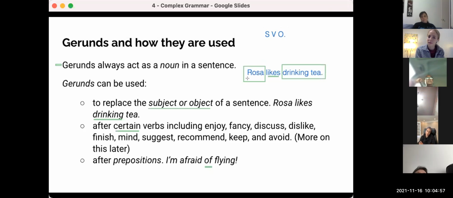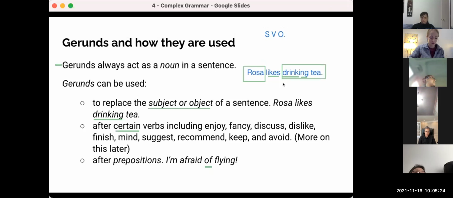Drinking is the gerund because it's formed from the verb to drink with ing. What else can be used here? At the place of the gerund, can we use any noun? Drinking is the noun.